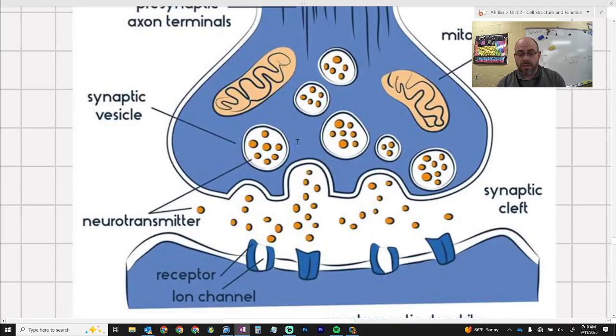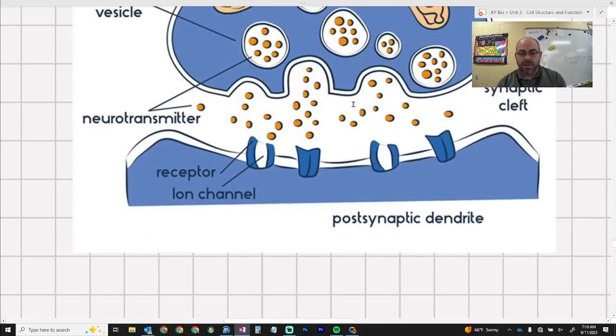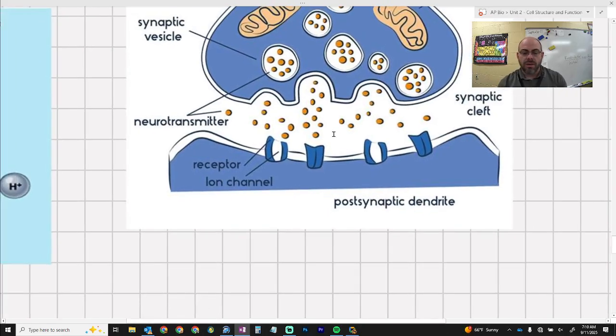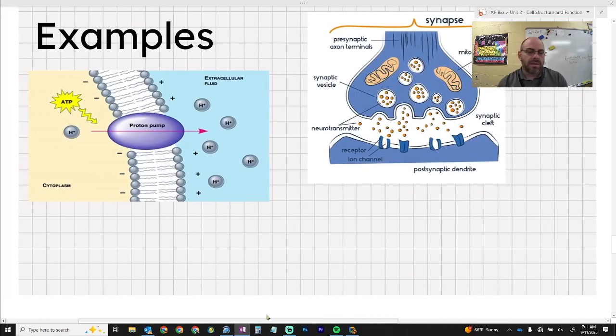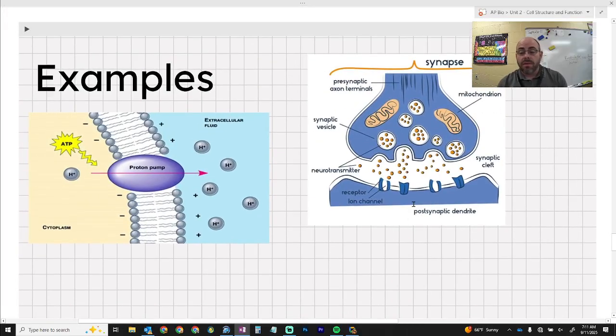You have this material being pushed out through the membrane. And then these neurotransmitters will actually diffuse across this synapse, across this space, going from an area of high concentration to an area of low concentration in order to get to the postsynaptic dendrite. Dendrites and all that stuff, words you don't have to know, but diffusion and exocytosis, definitely have to know. I love the token mitochondria in there.